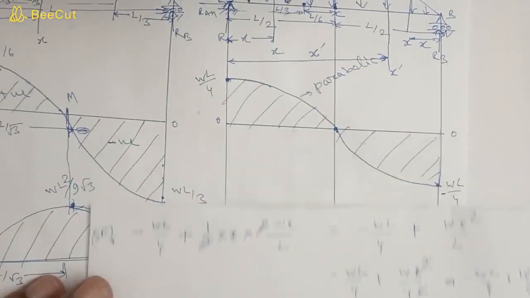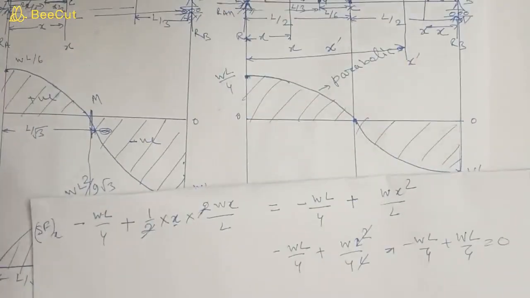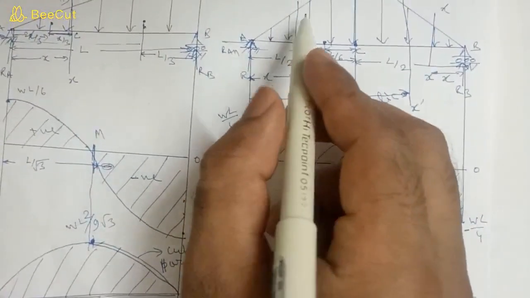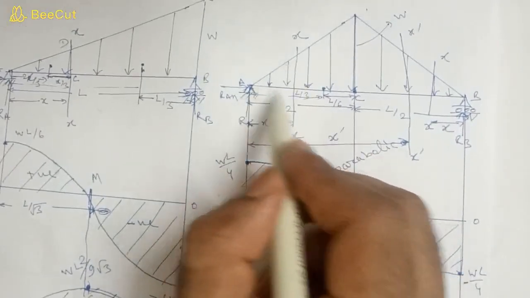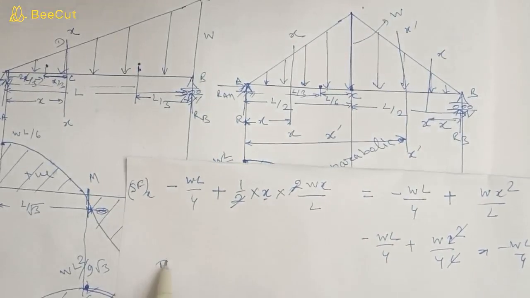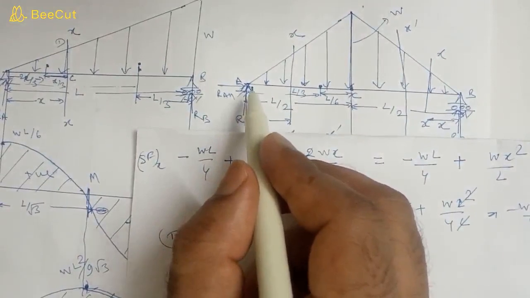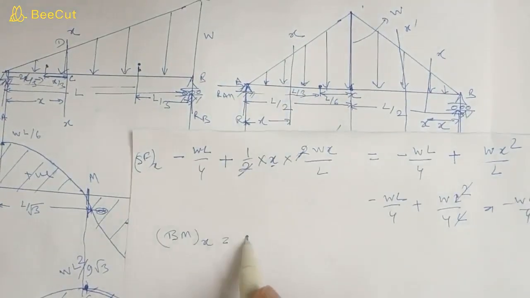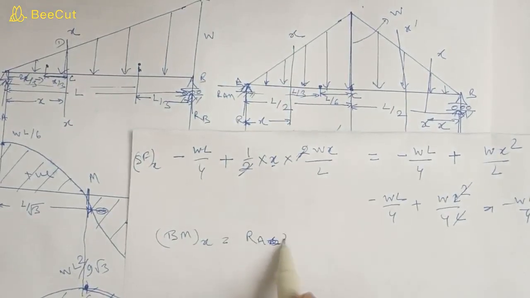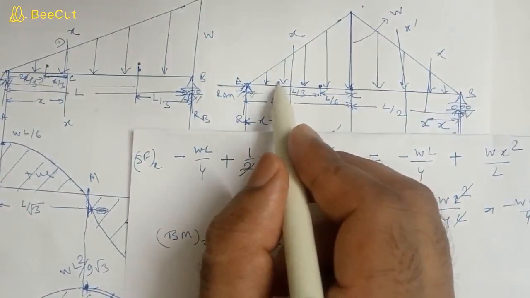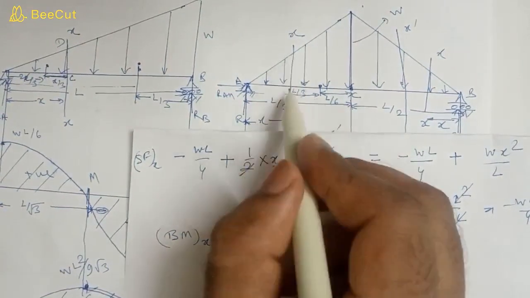Now we want to calculate the bending moment. For the bending moment diagram, suppose this is section xx at x distance from here. So bending moment at x will be Ra into x minus this load into the distance from the centroid of this load to this section xx.